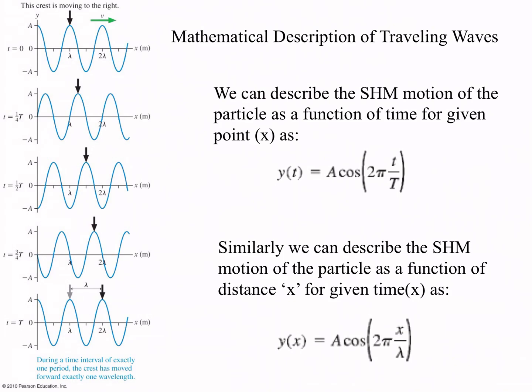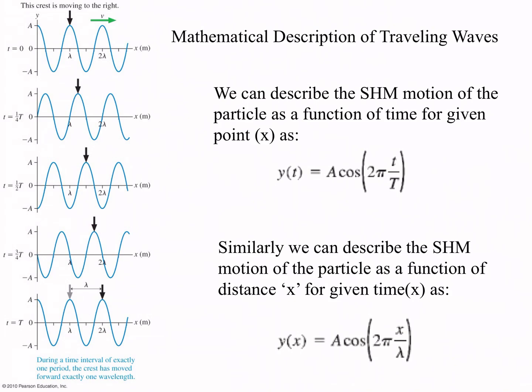So you can determine period by looking at the motion of a single particle in this wave, and you can determine wavelength by looking at the aggregate motion of all of these particles over a period. And you can see we describe position as a function of time, just as we did for simple harmonic motion, and we describe position as a function of position also by a cosine.